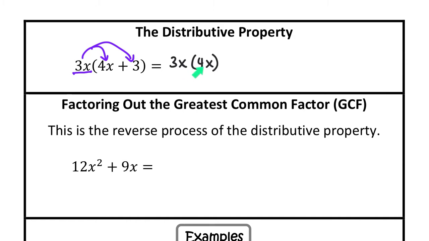I usually put parentheses to remind me that these two are multiplying. Then we bring over the plus, and we're going to do 3x times 3. Again, I'm writing the parentheses. So that's going to give me 12x squared plus 9x.